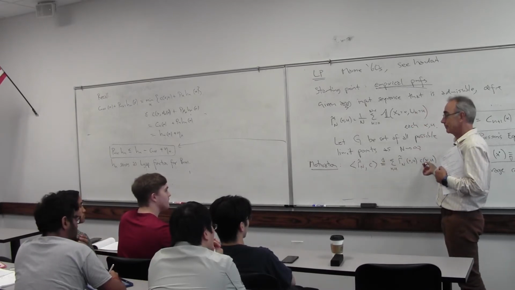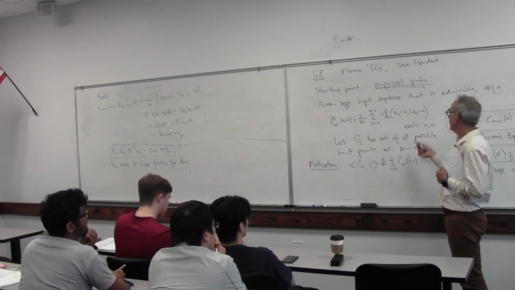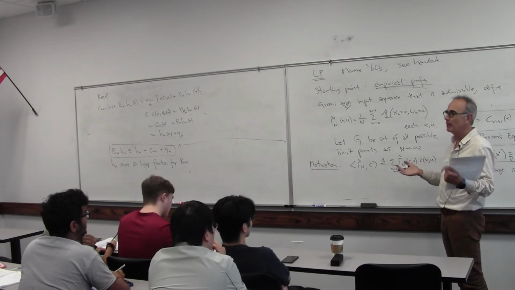Then you go through a change of variables, and if you plug this in, you just get the sample path average. That's the whole point of empirical distributions. It's just bookkeeping.